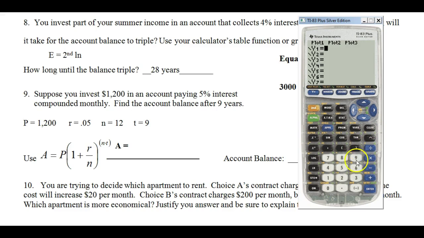So we've got our principal, 1,200, times 1 plus my rate, 0.05, divided by my n value, 12. And then we're going to take that to the n times t. Okay? That's what it looks like, whether I put it in the y equals or the regular part.